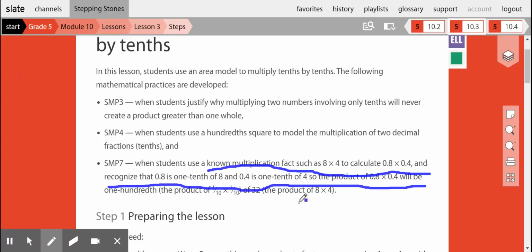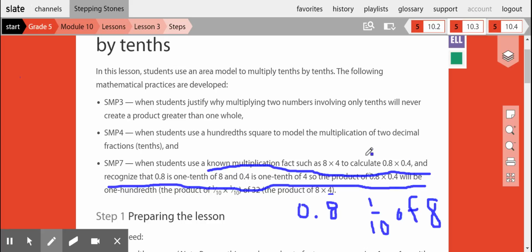Wow, that sounds very complicated, but let's take a look at what each one of these is saying. This is 1/10 of 8, and this other part is 1/10 of 4.